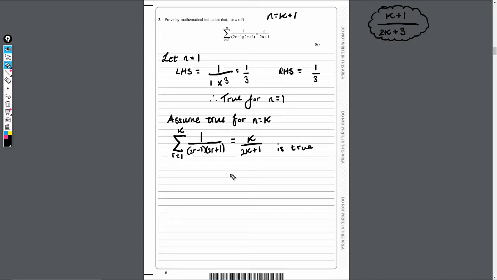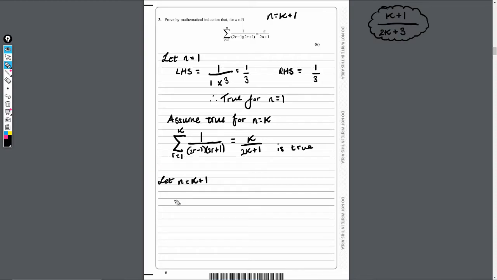The next step now is to let n be equal to k plus 1. Once we've subbed this n equals k plus 1 in, at some point once we've simplified, we should end up with this expression here, k plus 1 over 2k plus 3. So I let n equal k plus 1, how can we work out this summation?